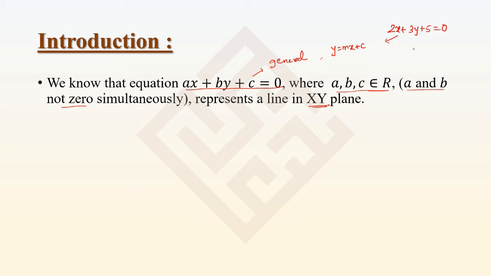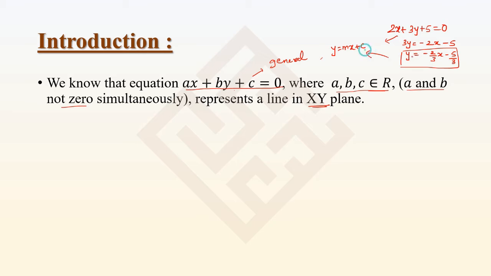We keep the y term on one side, that gives 3y is equal to minus 2x minus 5. So y is equal to minus 2 upon 3 into x minus 5 divided by 3. Now this equation is in the standard form.